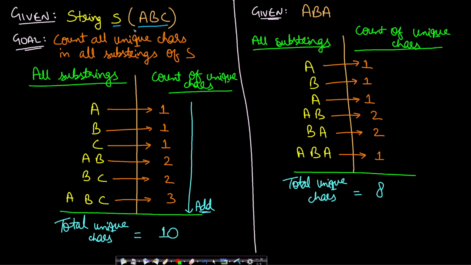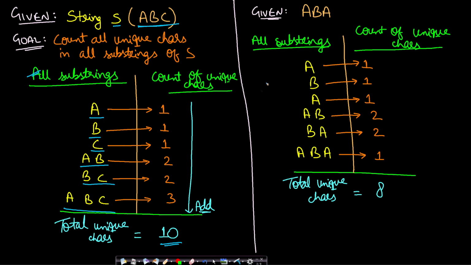So if S is ABC, then all the substrings of S will be A, B, C, AB, BC and ABC. Now the count of unique characters in A is 1, in B it is 1, in C it is 1, in AB it is 2, in BC it is 2, and in ABC it is 3. So the total count over all possible substrings of S will be the addition of all these numbers, and this will be equal to 10.